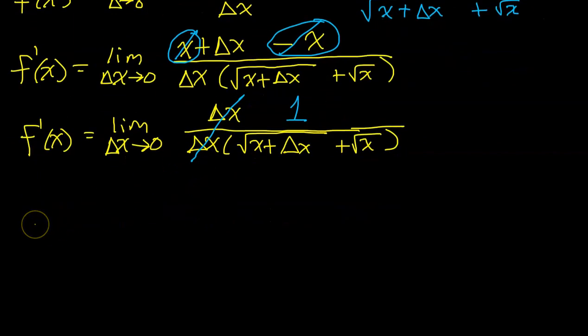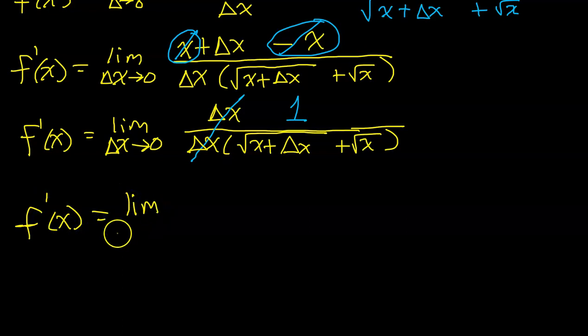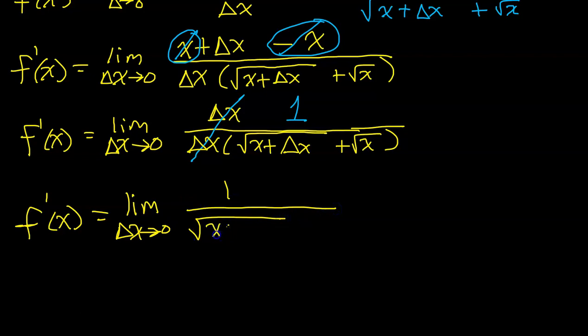So then I have f prime of x is equal to the limit as delta x approaches 0 of 1 over the square root of x plus delta x plus radical x. We've finally gotten to a point where we can do direct substitution.